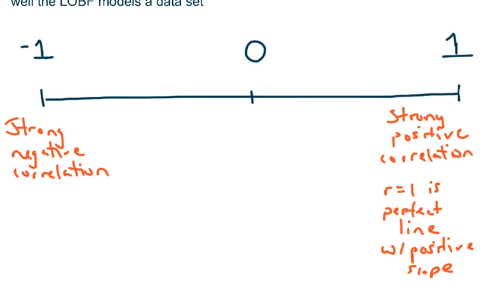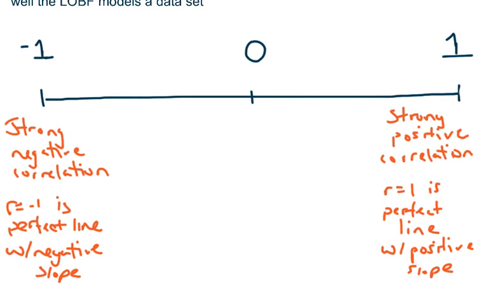And if we had R equals -1, that one is a perfect line as well, but it would have a negative slope. So the closer you get to 1 or to -1, the stronger your data fits a line. The stronger your data is, the easier it is to model.